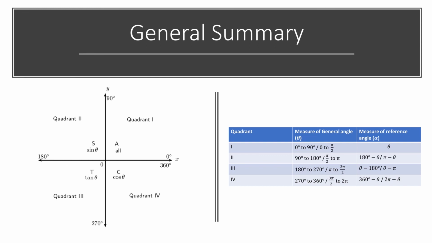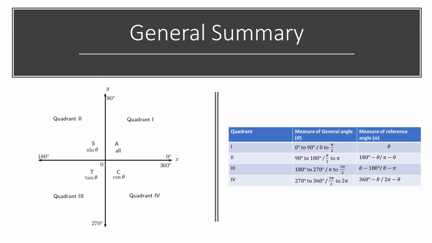So if the angle stops at the first quadrant, all its ratios, sine, cosine, and tangent will be positive. If the rotation stops in the second quadrant, where the angle lies between 90 and 180, then only the sine is positive. If it is in the third quadrant, only the tangent is positive, and in the fourth quadrant, only the cosine is positive.